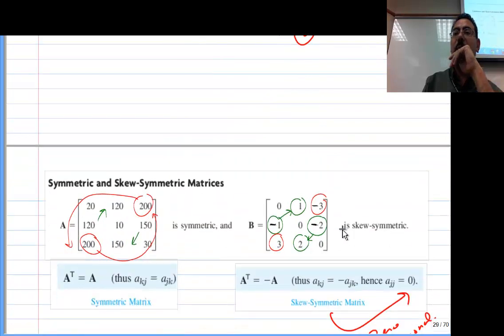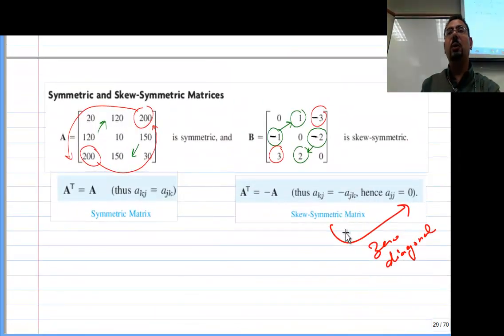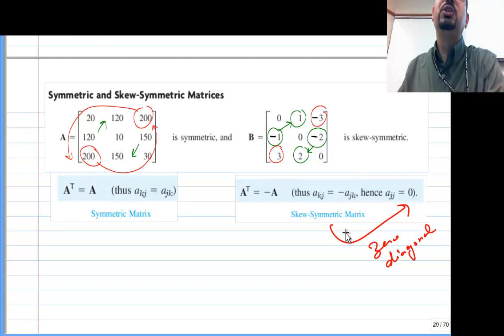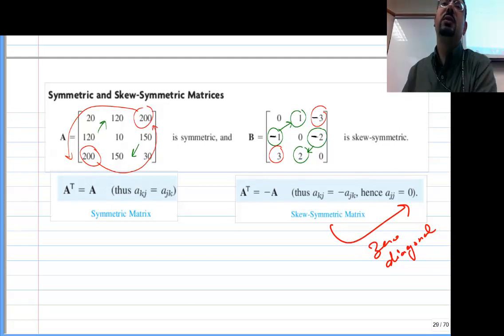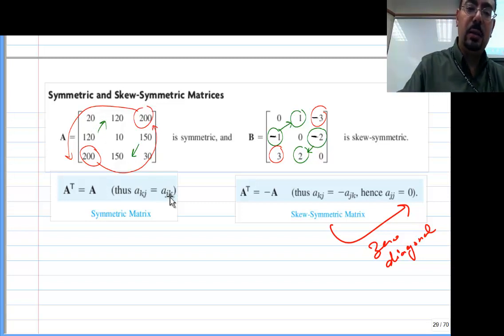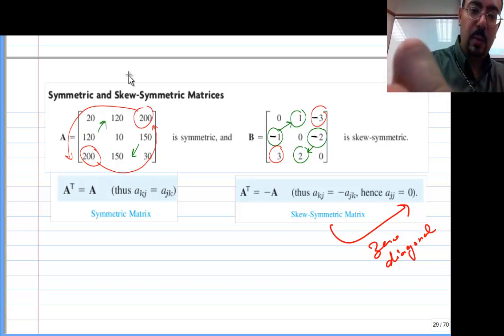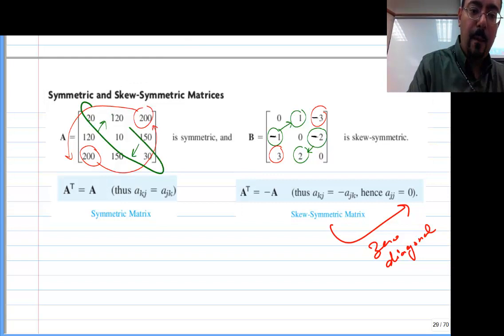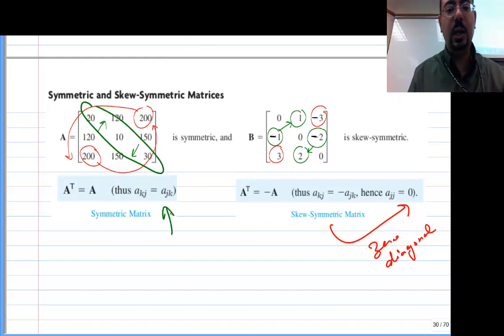Okay? Very good. So now there are a few special forms of matrices that will be useful for us. There are symmetric and skew symmetric matrices. A symmetric matrix is basically symmetric across the diagonal. You can see that Akj is the same as Ajk. So A21 is the same as A12.